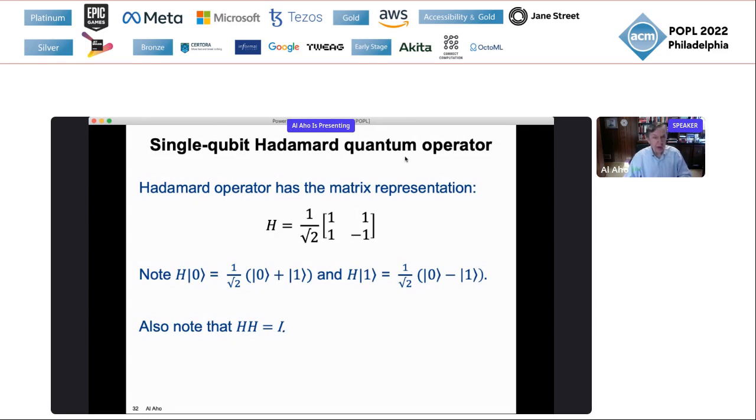Likewise, if we apply the Hadamard operator to the basis vector ket 1, we get the superposition ket 0 minus ket 1 divided by the square root of 2. And notice that if we apply the Hadamard operator to itself, we get the identity matrix in 2 dimensions.